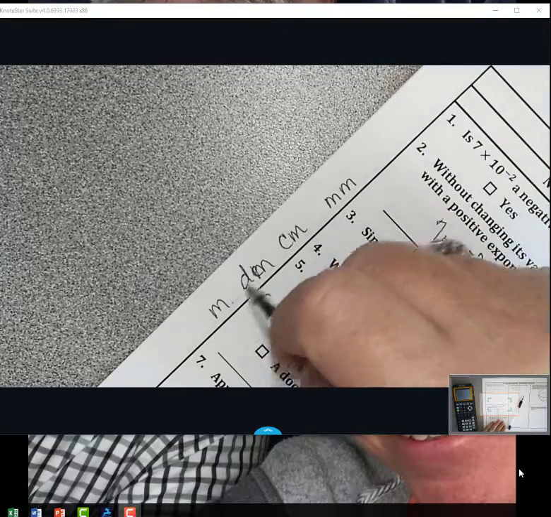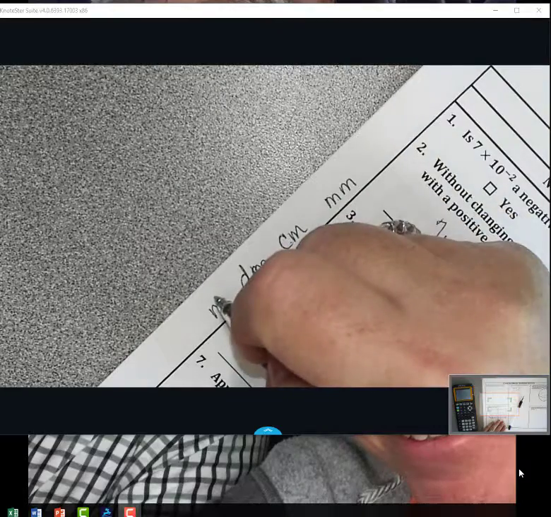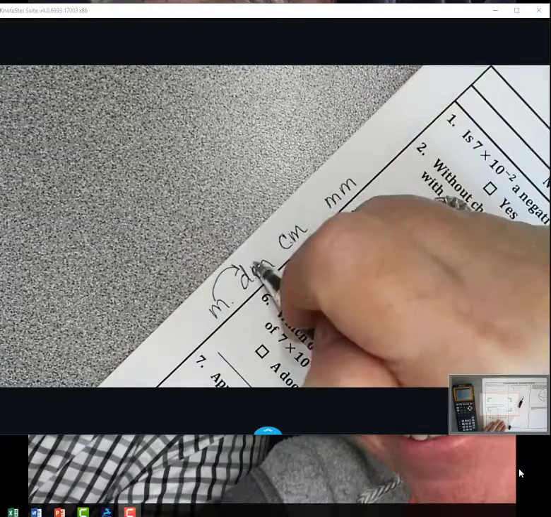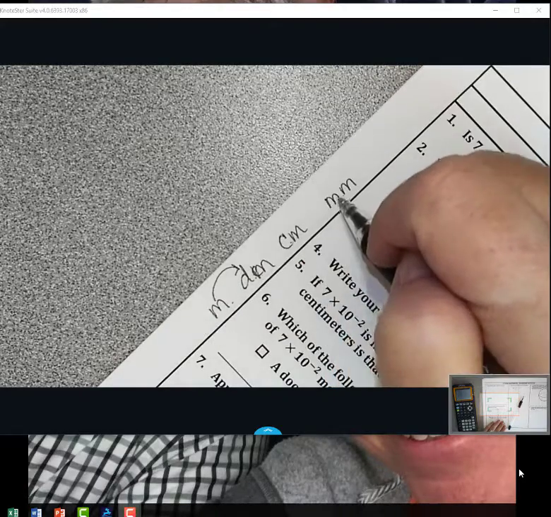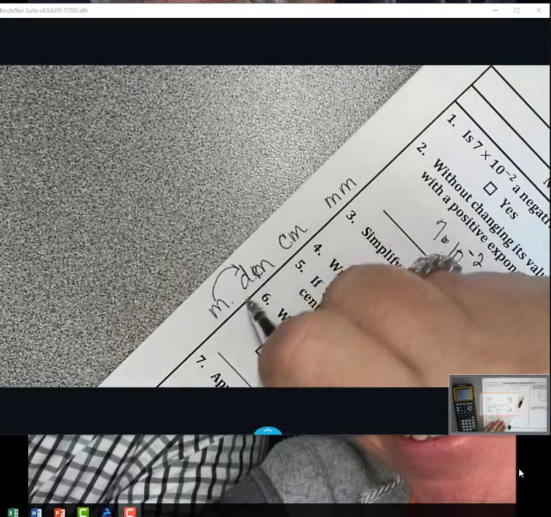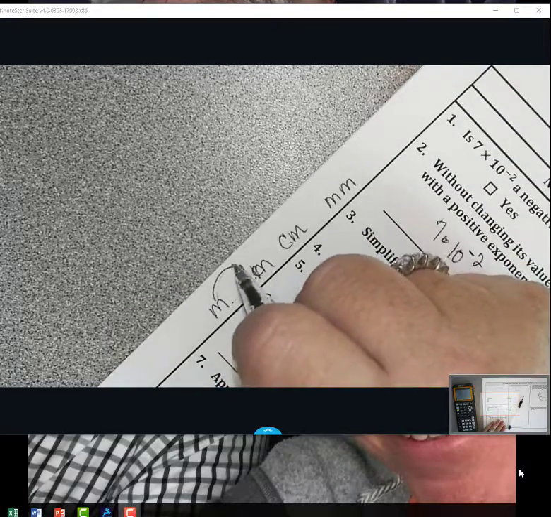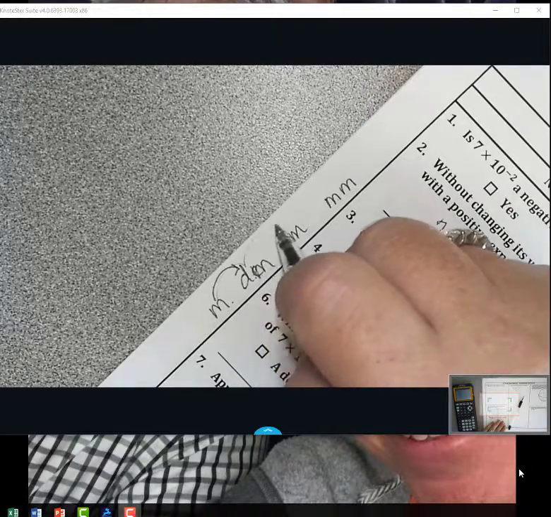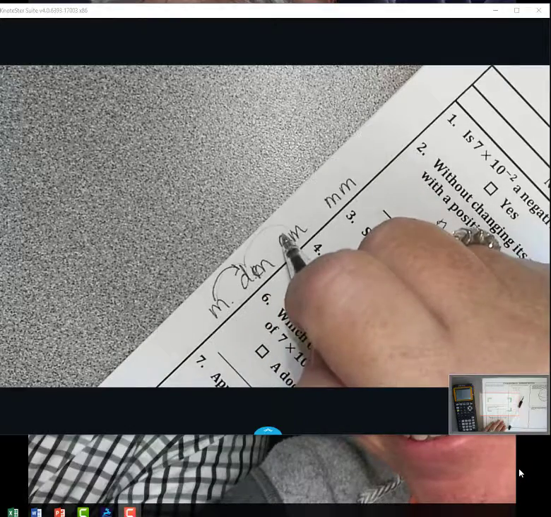I want to know, each one of these is 10 to the first power. So to move from here to here is 10 to the first. However, if I move two steps, it's 10 to the first times 10 to the first.